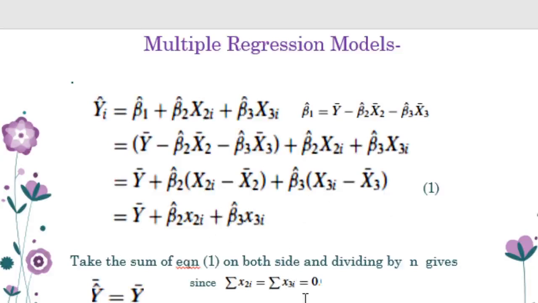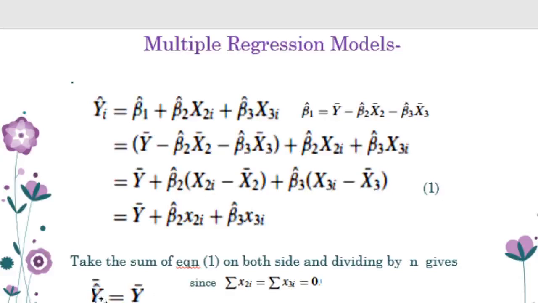Then take the sum of equation 1 on both sides and divide by n. This will give sigma yi cap by n equals sigma y by n, plus the sum of the deviation terms, and this whole term will be equal to 0. The remaining portion is y cap bar equals the actual y bar.